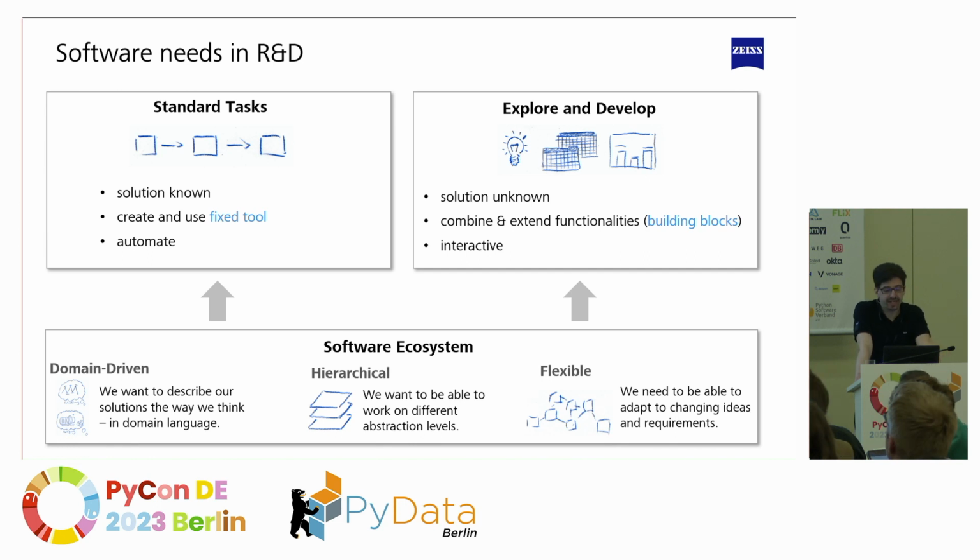Second is, it has to be hierarchical, because we have very complex systems which we can analyze on a very high level, say what's the overall performance of the whole system, but sometimes we have to go into the very details of the system. So you have to manage that complexity in this hierarchical structure. And the third aspect of the software ecosystem is it needs to be flexible, because in R&D we never know what's the next idea, and we have to adapt to that. And this all can very well be solved with Python, actually.